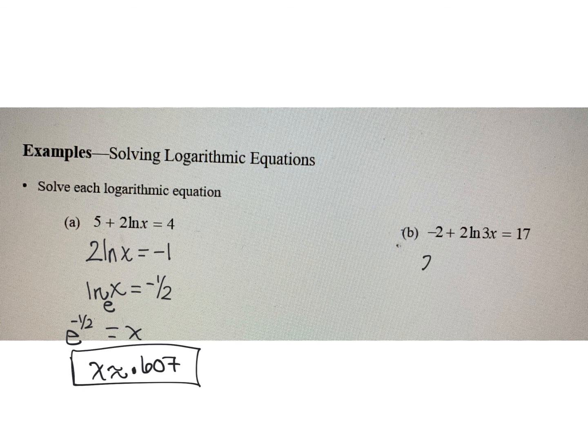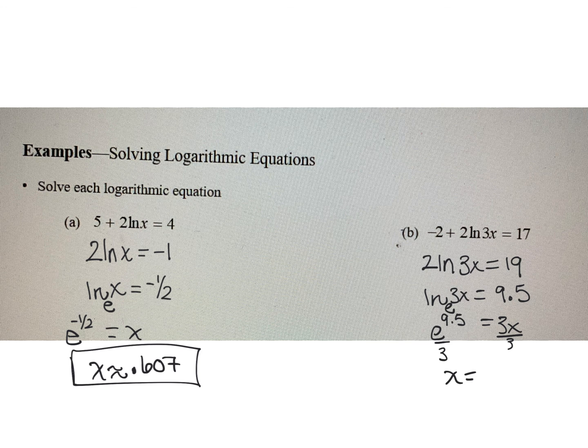Okay, add the negative 2 over. So 2 ln 3x equals 19. Divide by 2, so ln of 3x equals 19 over 2, which is 9.5. This is an e here, so e to the 9.5 equals 3x, and then divide by 3, divide by 3.